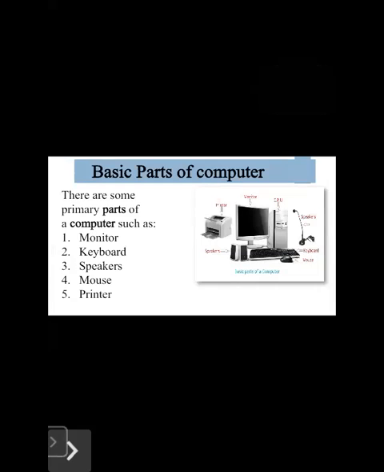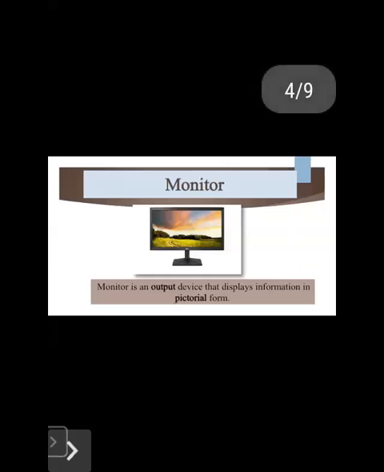Whenever we talk about a computer system, there are some main primary basic parts included in it. There are five main basic parts of any computer system: number one, monitor; number two, keyboard; number three, speakers; number four, mouse; number five, printer.